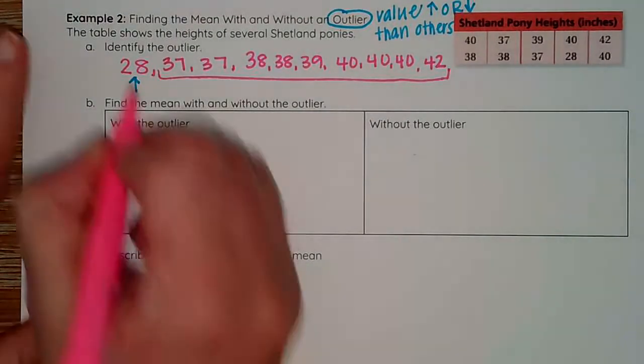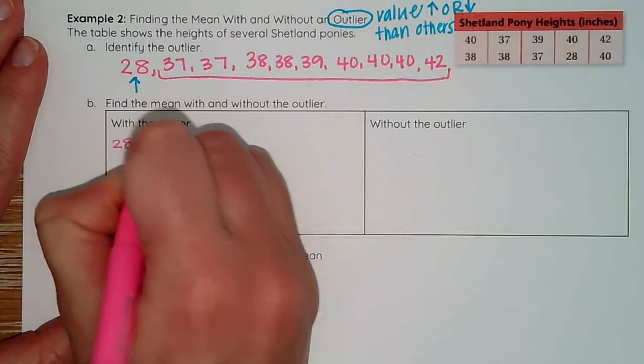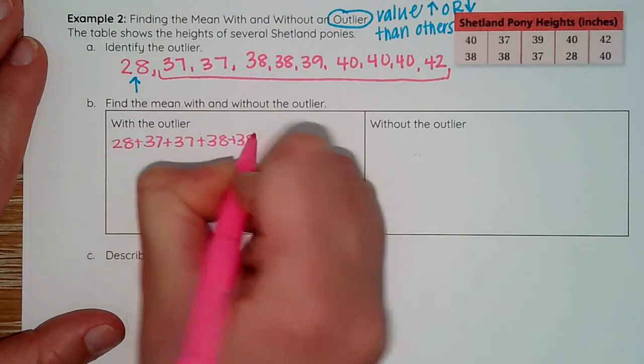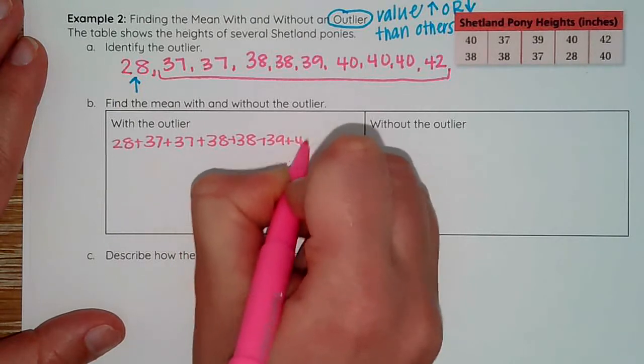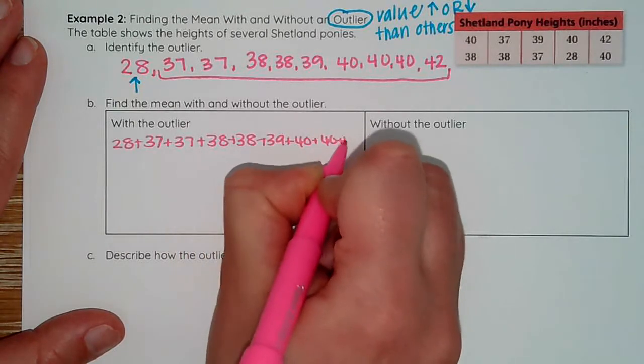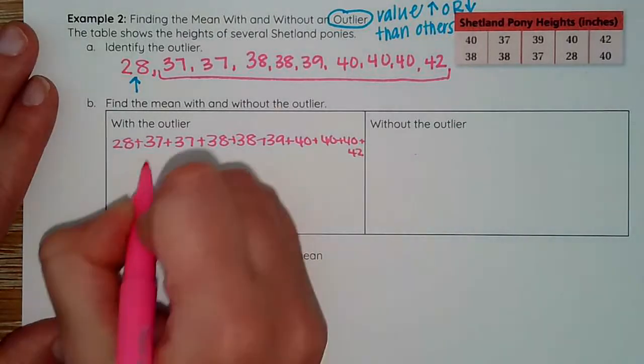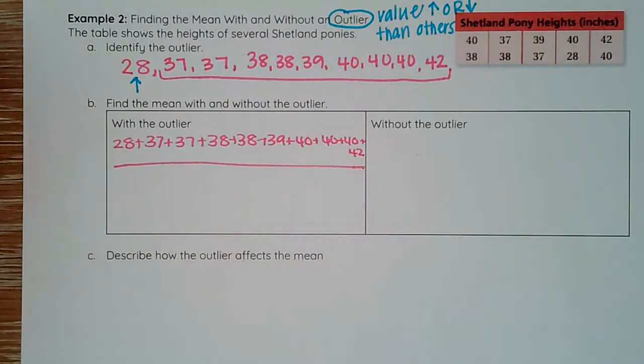So I'm going to add up all of these: 28 plus 37 plus 37 plus 38 plus 38 plus 39 plus 40, 40, 40, and squeeze in there 42. Remember, I divide that by the total number of data points that I have. In this case, I have 10.